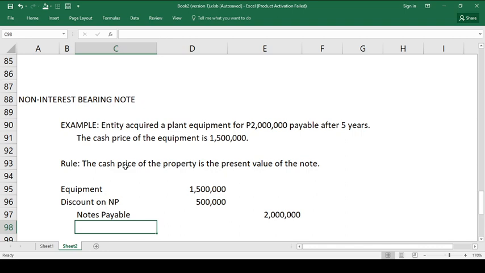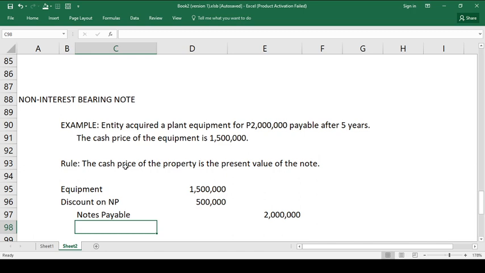The difference between the cash price and the face value of the note is the discount on notes payable, or simply that is the interest that is attached already on the face value of the note.